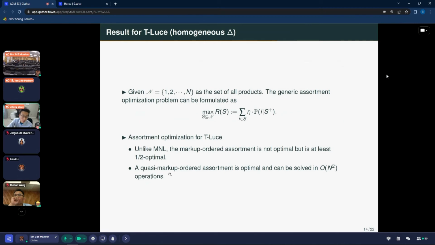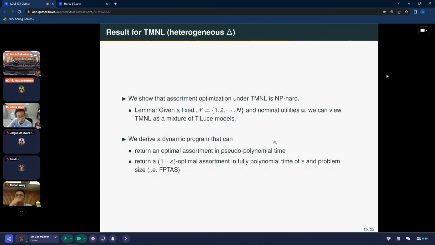Although the Markov order assortment is not optimal, there is a quasi Markov order assortment that is actually optimal, and it can be solved in n-squared operations. The basic idea is to use the dominance rule. Once I figure out which item is the dominant item, then I can figure everything out quite nicely. But due to time limit, I will skip it.